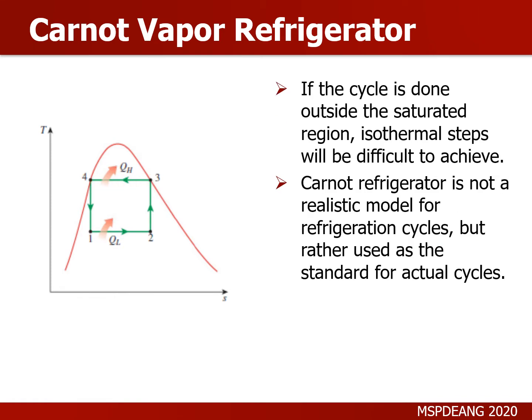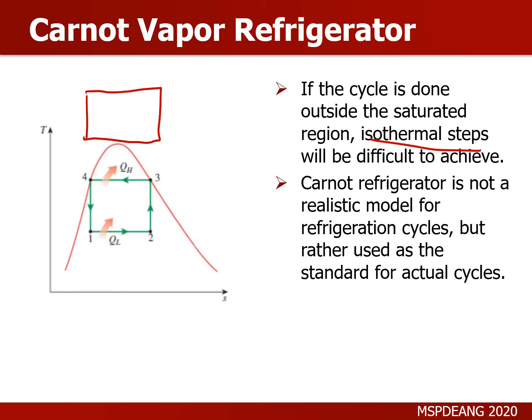Tapos naman, ibig sabihin nun, to operate this realistically, siguro, you have to operate it outside the two-phase region. However, pag nalagay mo sa outside two-phase region, mahirap na gawin yung isothermal steps. So with this, your Carnot vapor refrigerator is not an actual realistic model for the operation of refrigerators, or the operation of devices that take heat from a cold space and reject it to a warmer space.